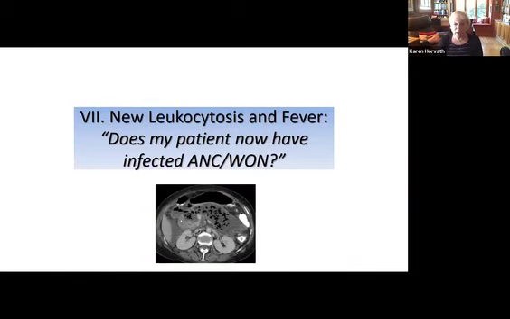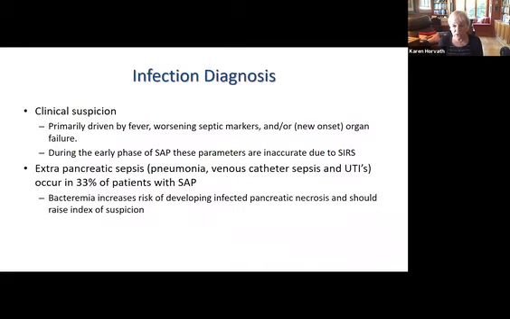Okay, so you have your patient who has had sterile necrosis, now develops a new leukocytosis and a fever. And the question is, does my patient now have an infected ANC or a walled-off necrosis? I think we all recognize that clinical suspicion is really the primary driver. Basically, fever, leukocytosis, new onset organ failure.